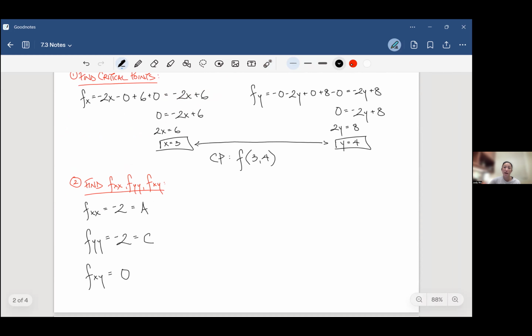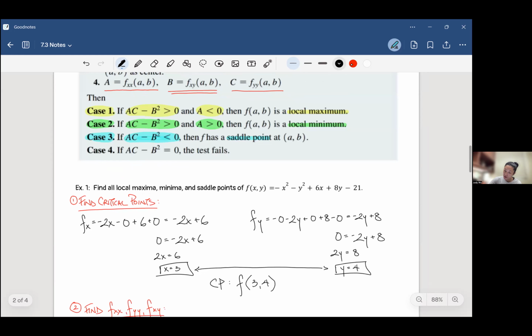And that happens sometimes, and it's okay. All right, and this equals our b. So we've got our a, our b, and our c, and we're going to plug it into AC minus B squared. And whether it's positive or negative will tell us what kind of critical point we have.